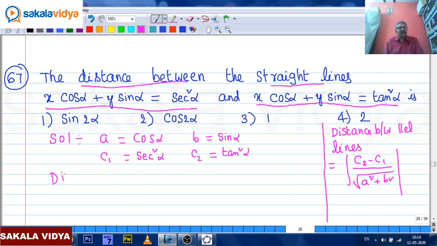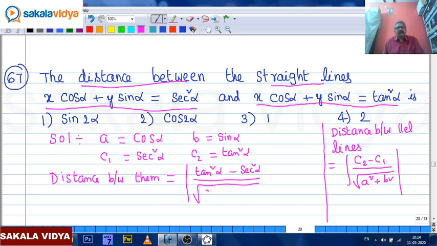Now the distance between them equals tan square alpha minus secant square alpha by root of cos square alpha plus sin square alpha.